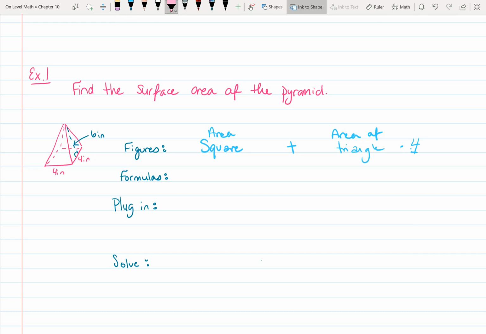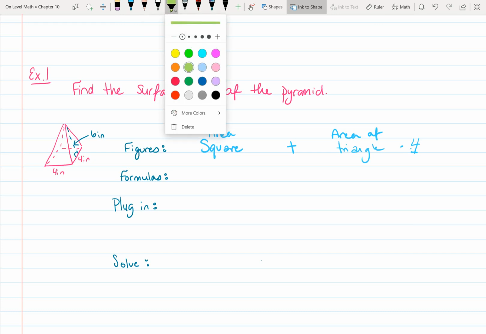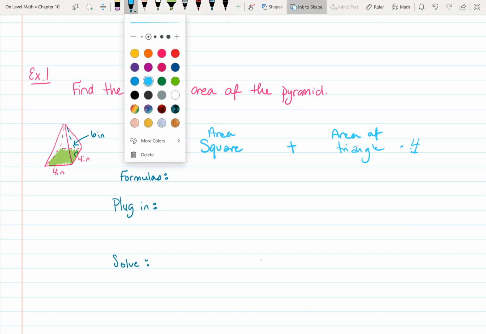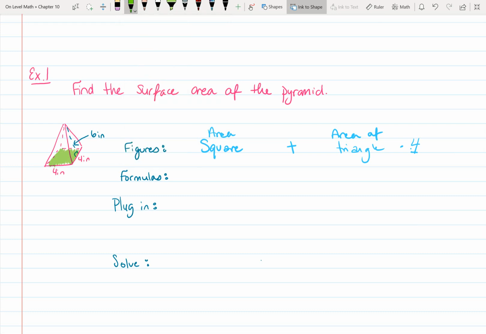So let's start with the base. I'll use the same green as before. The base, that square, is what's highlighted in green here. So our formula for the area of the square is A equals length times width. I'm just going to go ahead and work through the area of the square first. If I plug in, A equals, my length is 4, my width is 4. 4 times 4 gives me 16.